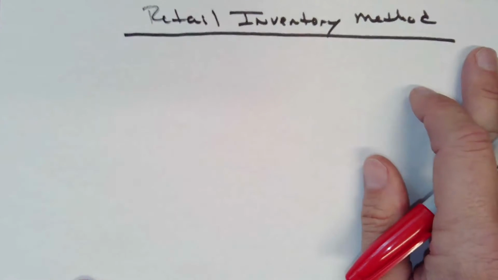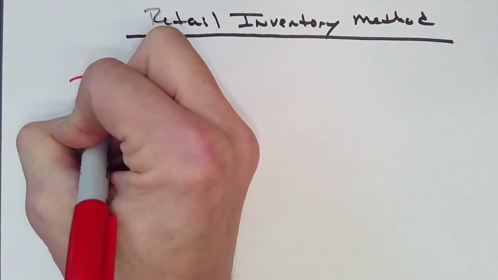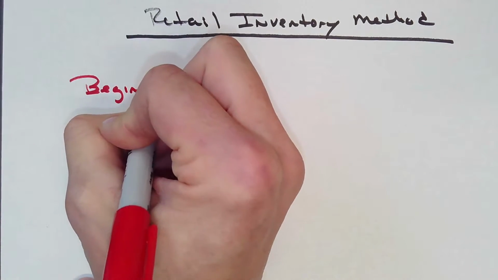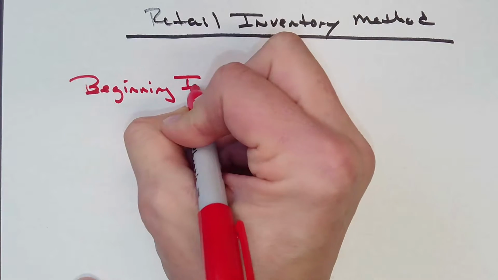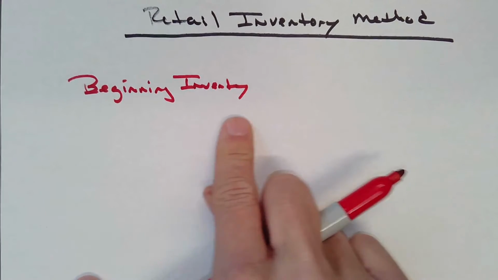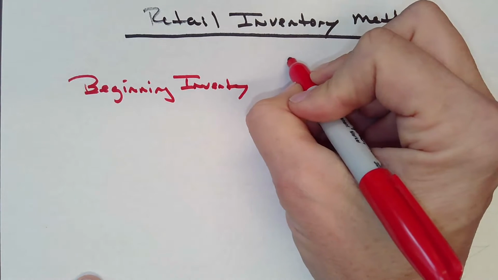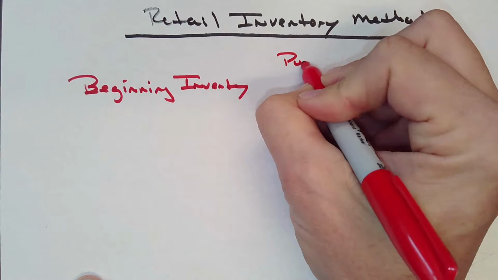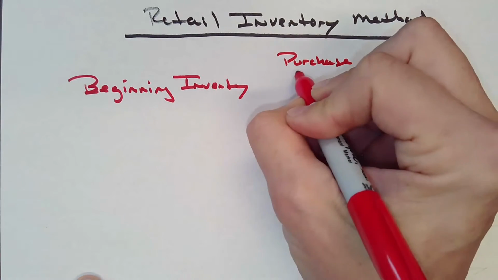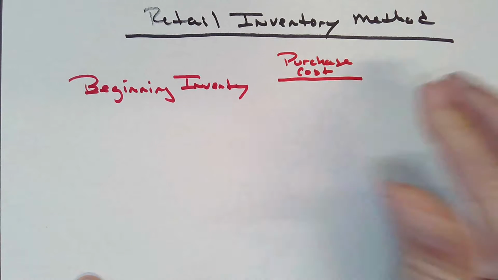So we always start with our beginning inventory. And I'm going to keep two columns. One is the purchase cost, otherwise known as just the cost.